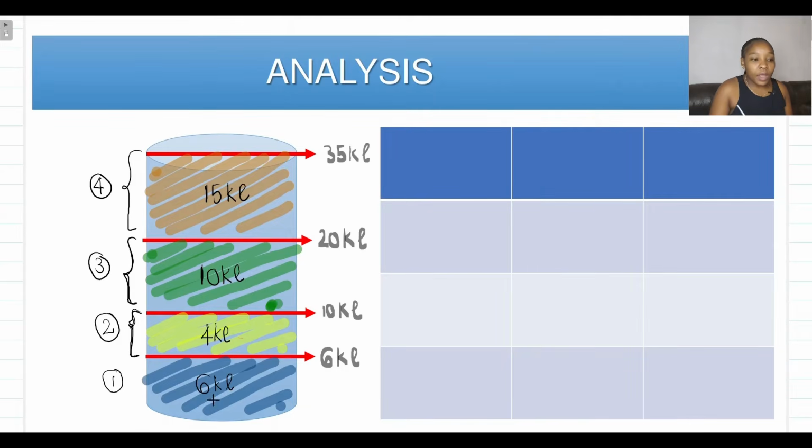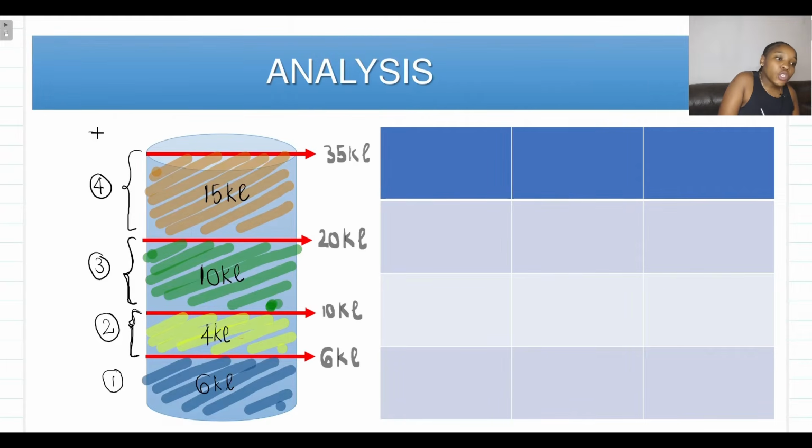Okay, so in the first region, we've poured 6 kiloliters of water. In the second region, to get to 10 kiloliters of water, we added 4 kiloliters to that 6 kiloliters. And then in our third region, we added 10 kiloliters of water, and in our fourth region, we added 15 kiloliters of water.